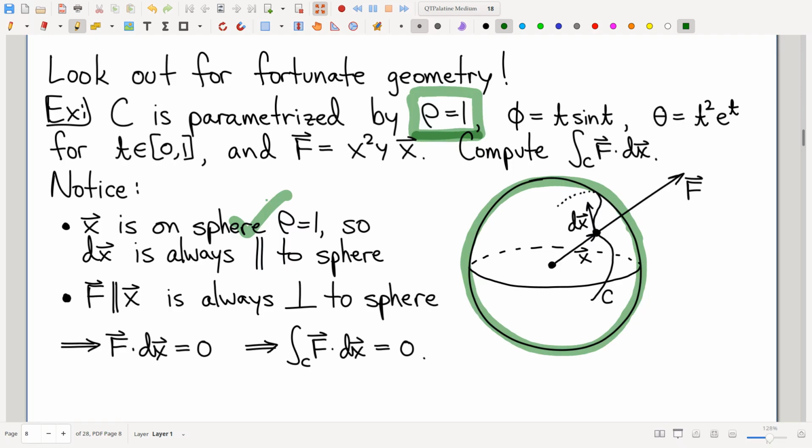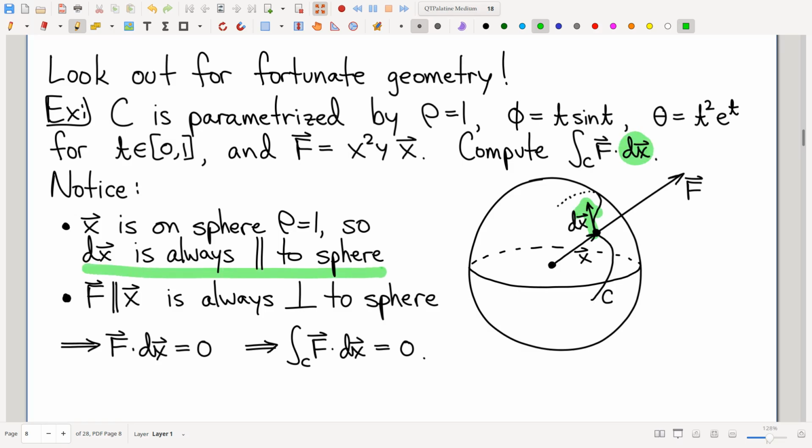If there's an ant walking around on the surface of the desk, his velocity is always parallel to the surface of the desk. Is that believable? Okay. All right. So our dx vector, just because of this geometric argument, I know already that my dx vector, this thing right there, is parallel to the sphere.